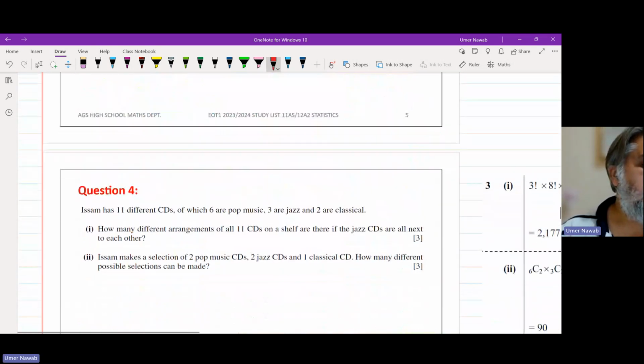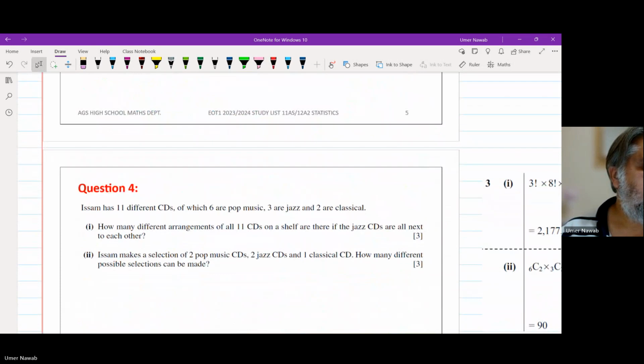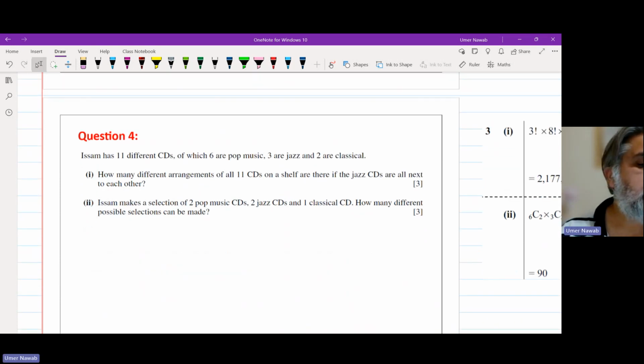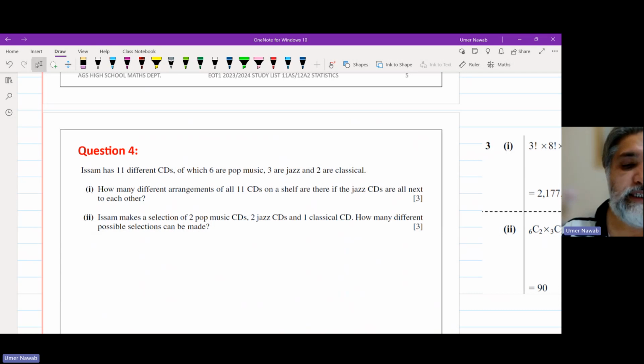Let's go with question number 4, boys. Now, question number 4 is: Isam has 11 different CDs, of which 6 are pop music, 3 are jazz, and 2 classical.